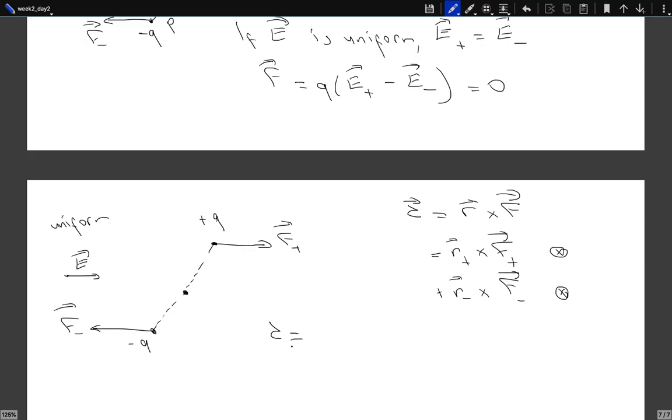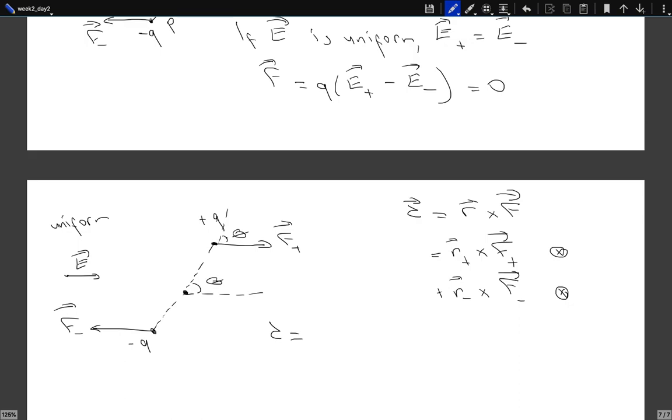Let's write the magnitude. What is the magnitude of R plus cross F plus? Let me also define some angles. Let me call this angle theta. How do you calculate the magnitude of the cross product of two vectors?